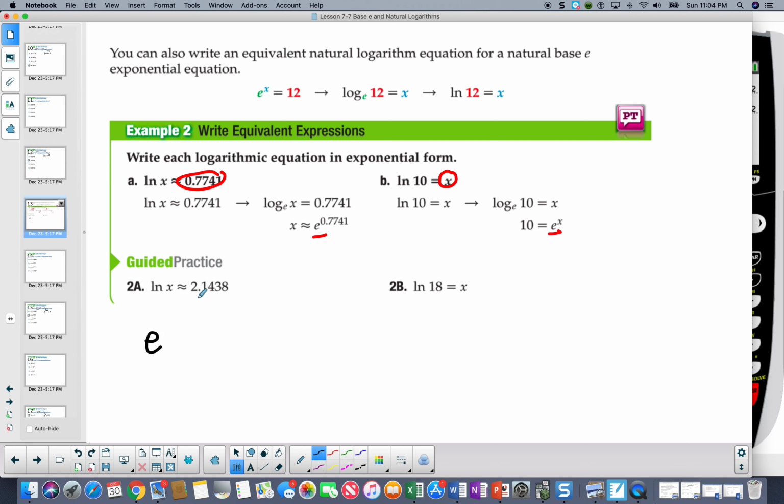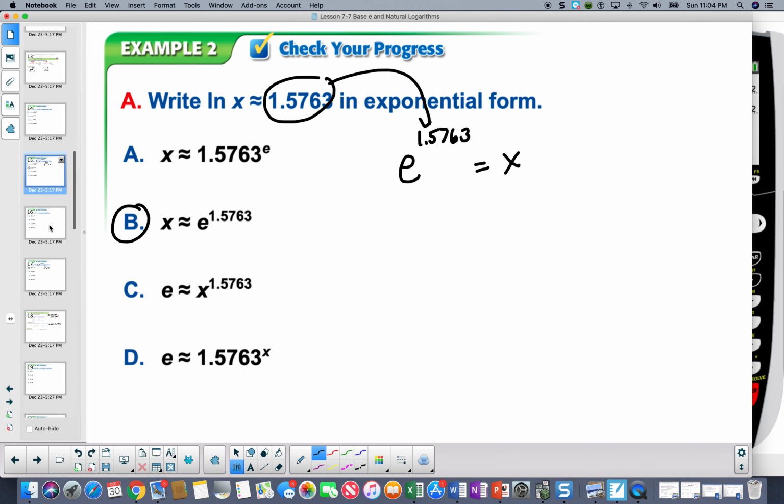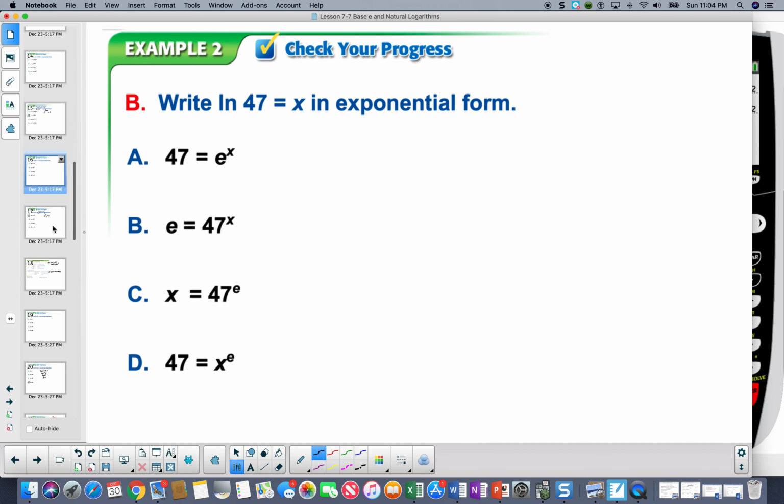Our base is e, this is the exponent, 2.1438 is equal to x. E, and this is our exponent, x is equal to 18. Pause and try the problem. Here's the answer.